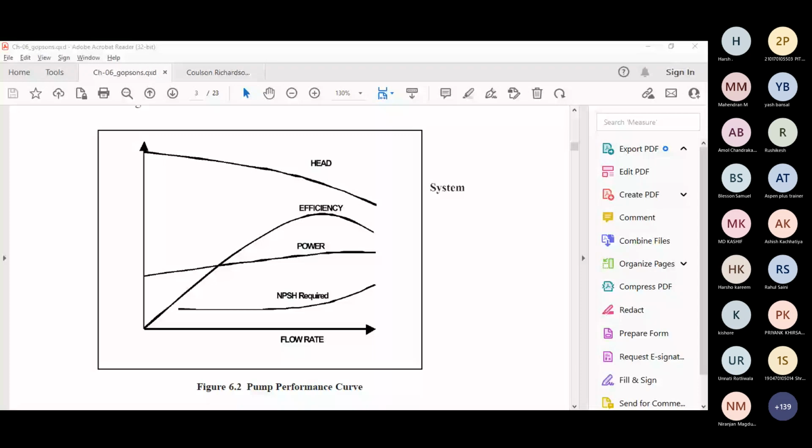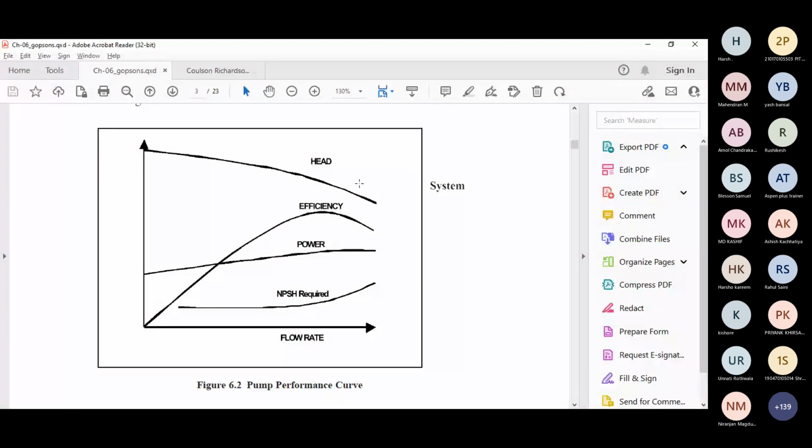So मेरा वही है कि why this efficiency drops out at certain point. पहले आपका जो power था, your frictional losses at lower flow rate were comparatively not dominant. आपका जो भी power था, that power was consumed to increase the flow rate and to increase the head. But after a certain point, as your flow rate increases, आपका velocity starts increasing at higher flow rate, so a significant amount of frictional losses are created.